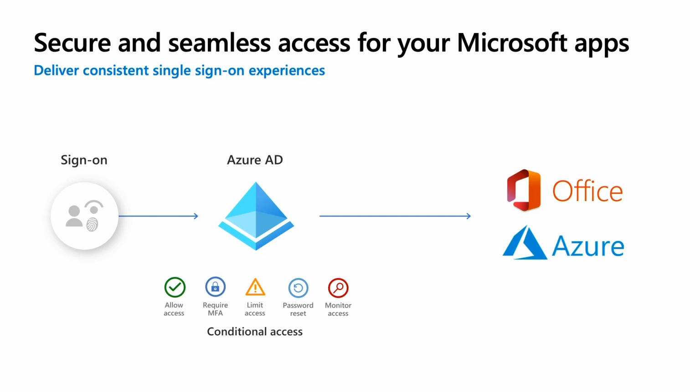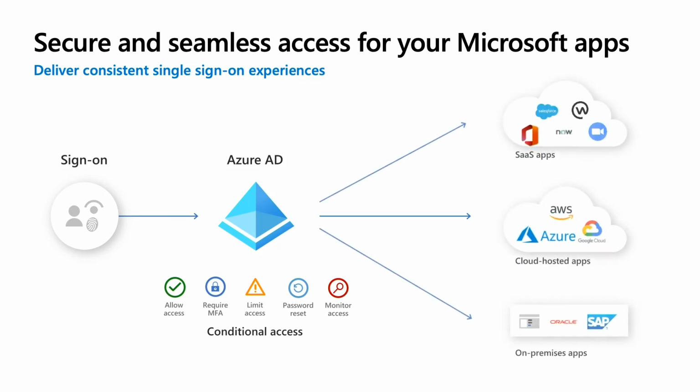In a recent survey, we discovered that 75% of admins didn't realize that they could use Azure Active Directory with non-Microsoft apps. This would allow them to centralize their administration and controls of all of their applications and to apply the same security policies and protection across all of their apps.